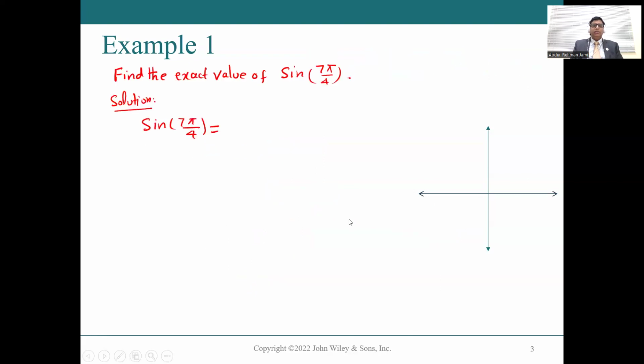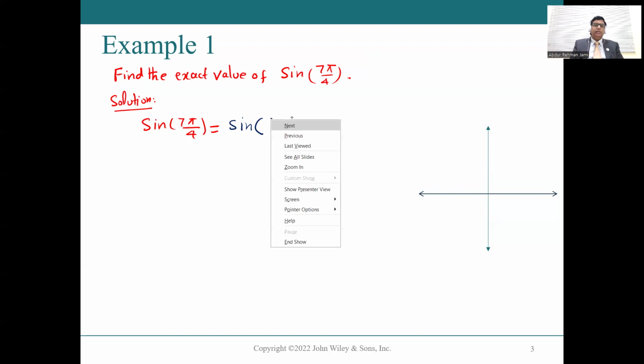Let's try another question. You can see over here in this question, this is 7 pi over 4. So for evaluation, we write down sine of a multiple of 4, that means 8 pi.